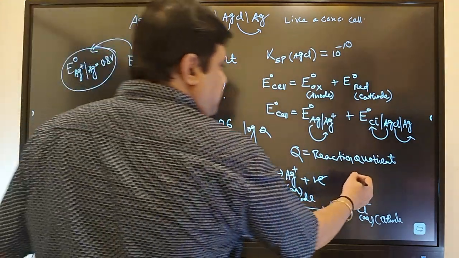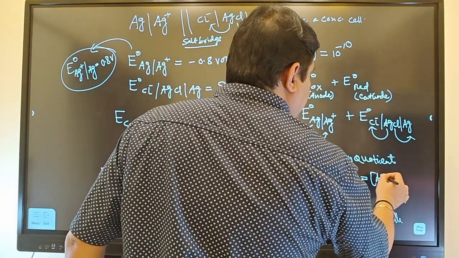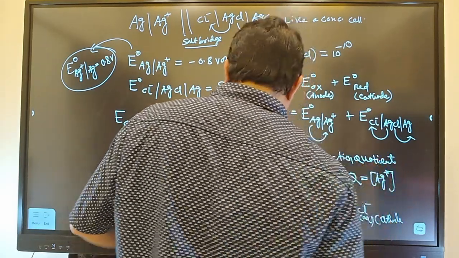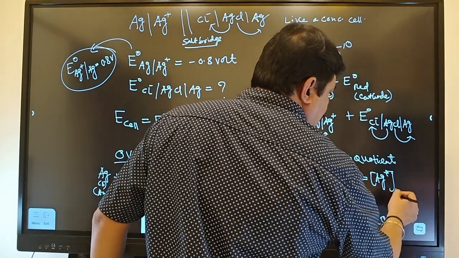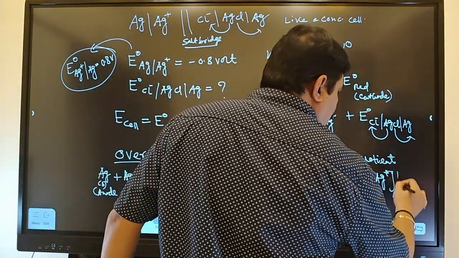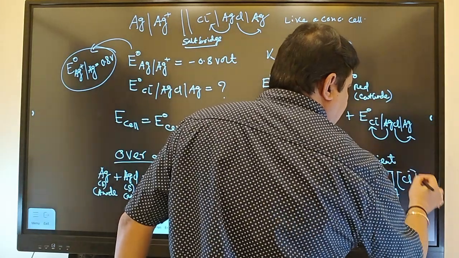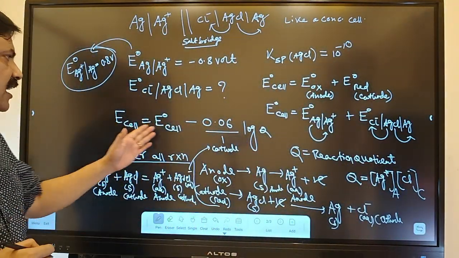Then my Q expression will be equal to the silver ion concentration, because they are the only aqueous ions. So silver ion concentration at the anode, where anode I write as capital A, into chloride ion concentration at the cathode, cathode meaning C. So this is your Q. Now this is your Nernst equation.